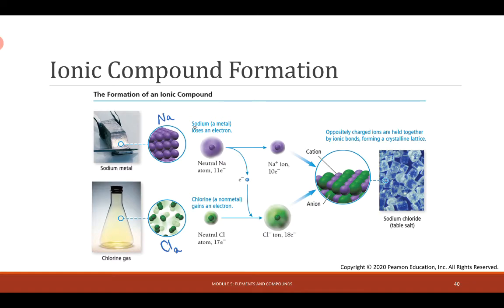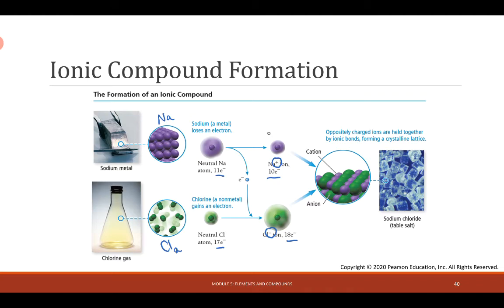And then one of these sodium atoms has 11 electrons, and it's going to give one of those electrons to chlorine. Chlorine started off at 17, so once sodium gives out an electron, it's going to be 18 electrons. And sodium is going to go down to 10 electrons. Since sodium has lost an electron, now it has 1 excess proton, and chlorine has 1 excess electron.